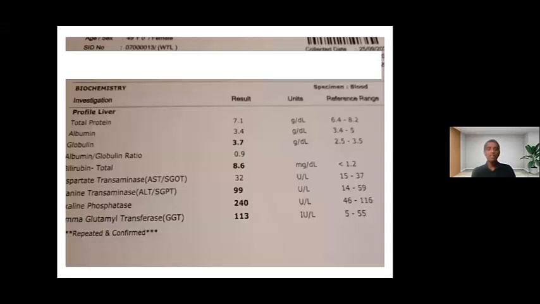Can anyone guess why the patient has this liver abnormality? What abnormalities can you see here? Elevated gamma GT and alkaline phosphatase, and with high bilirubin levels.